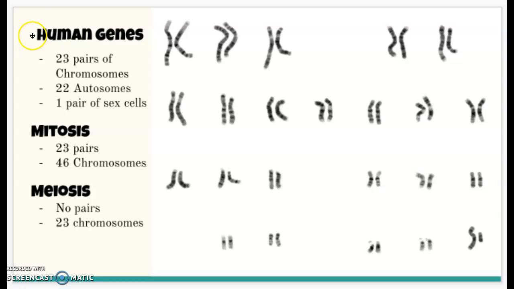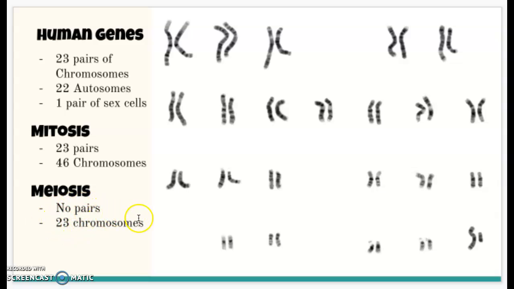Okay, so for the human genes, we have 23 pairs. That means we have 46 chromosomes. During mitosis, we start off with the 23 pairs, we end with 23 pairs, which is 46 chromosomes. In meiosis, there are no pairs.